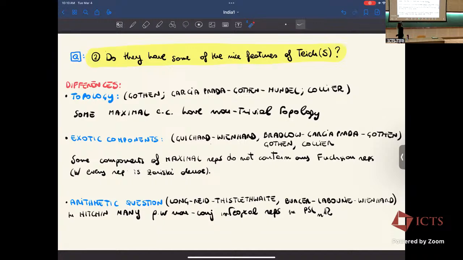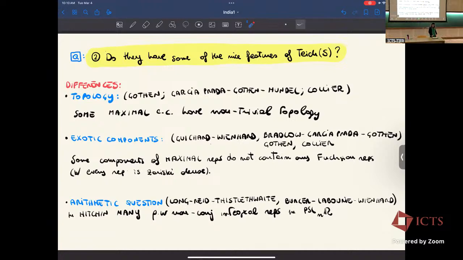So here the question was: is the behavior always the same? And the answer is that in some cases the behavior is not the same. Because in SL2R you do not find non-conjugate integer representations, while in the Hitchin component you find many pairwise non-conjugate representations.